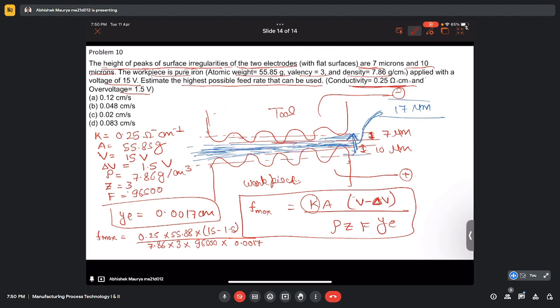If we calculate it, we get F max equal to 0.048 centimeter per second. So the correct answer is B.